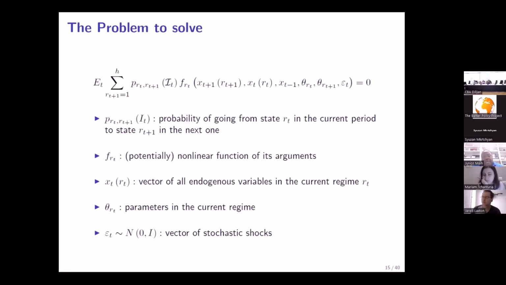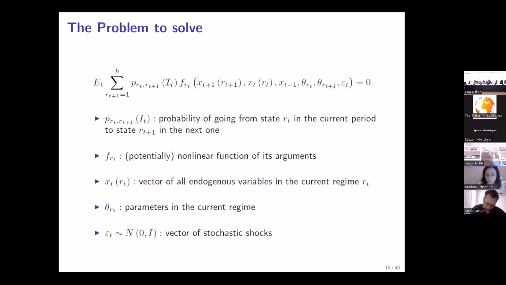F is kind of the DSGE model as we are used to. X_t is the vector of all endogenous variables, but as you can see here, there is a behavior when we are in regime R_t, and that behavior need not be the same when we are in regime R_{t+1}.